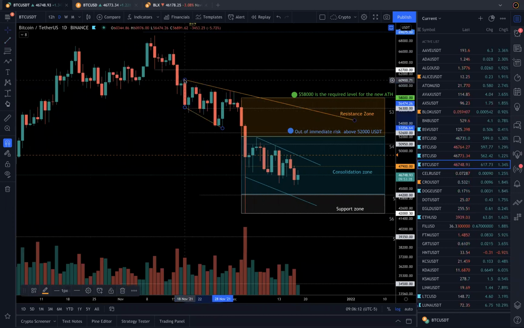Why expanding? Because it is expanding. It's like a light beam, like if you have a torch, right? When you turn on the torch, you see this kind of a beam. So that's called an expanding pattern.